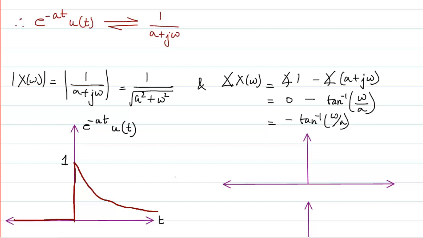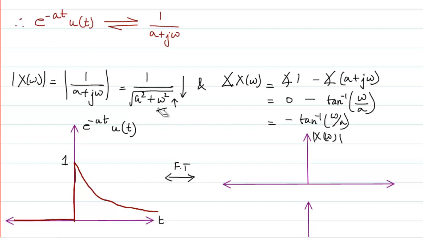When I take the Fourier transform of the same, I will get the X of omega magnitude. You can try to draw this. If you put the value of omega equal to 0 here, you will get 1 by a, and then as the value of omega increases, the denominator also increases, so the net value of X of omega will reduce. That happens for both positive as well as negative omega.